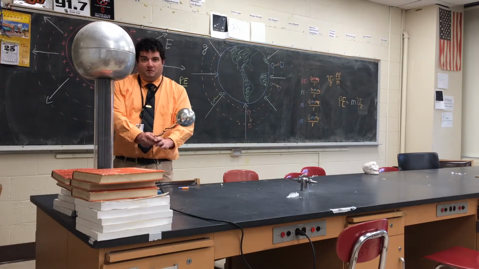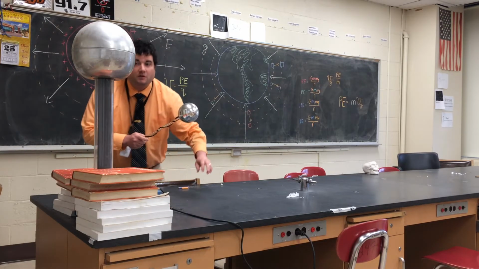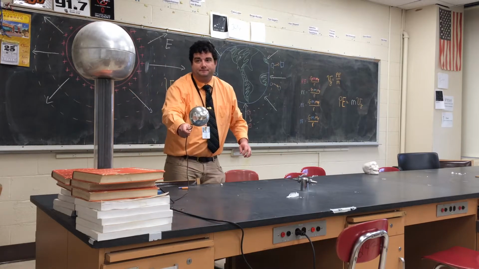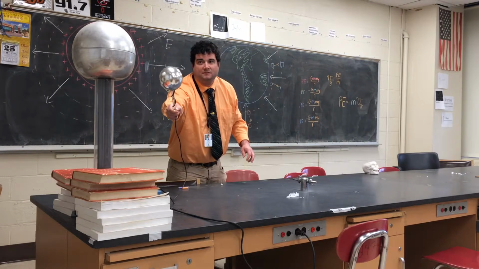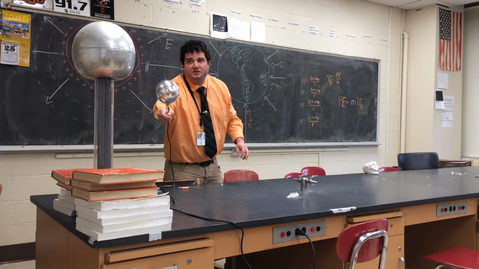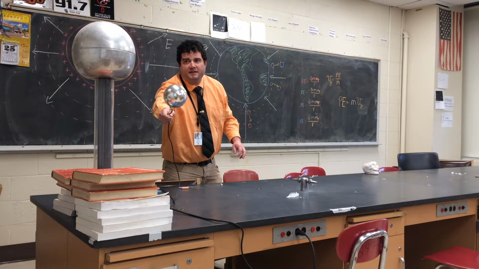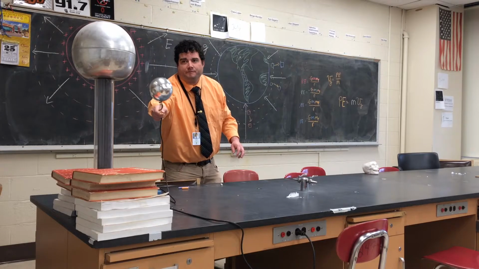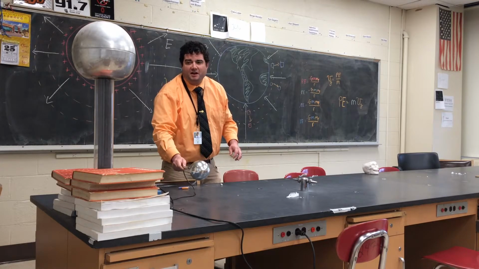So let's see what happens when I bring this wand close to our Van de Graaff. So you can see when I bring two different voltages close together, anything between them can actually break down and allow charge to flow. That's one reason we care about voltage.